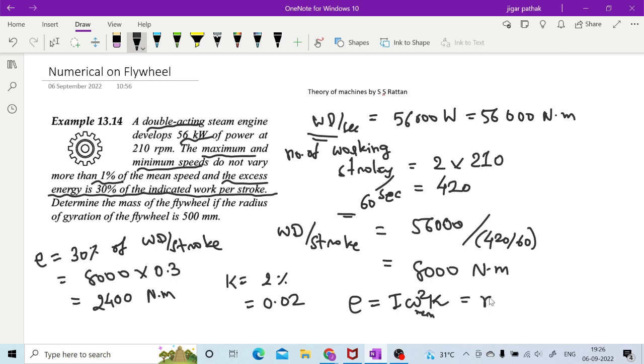I is written as m k square, as I have told you, so E is m k square omega square into K. This K and this k are different actually. This K is the coefficient of fluctuation of speed, while this small k is the radius of gyration.